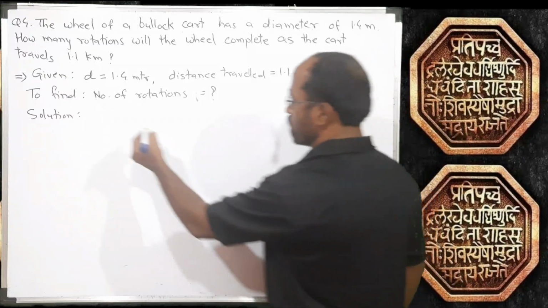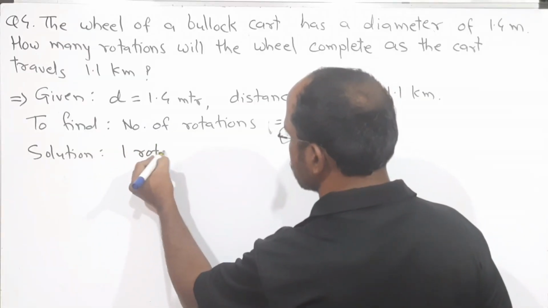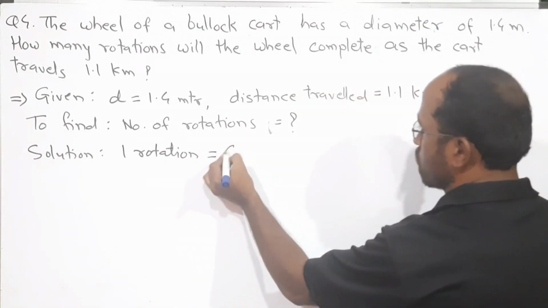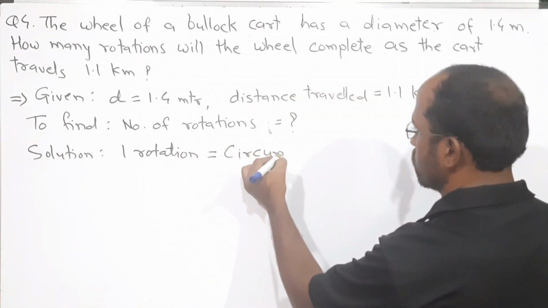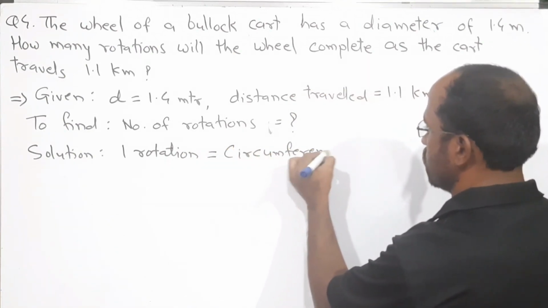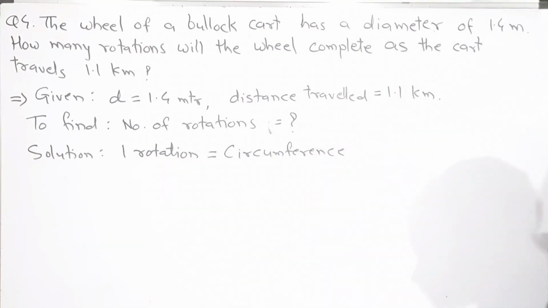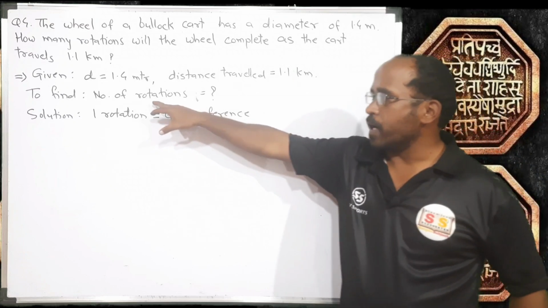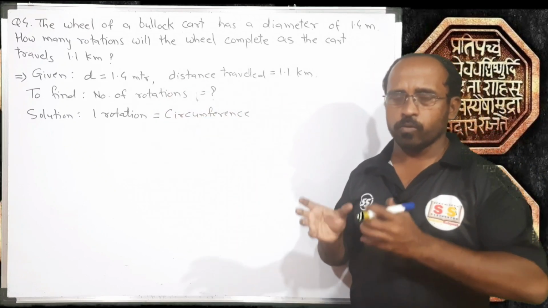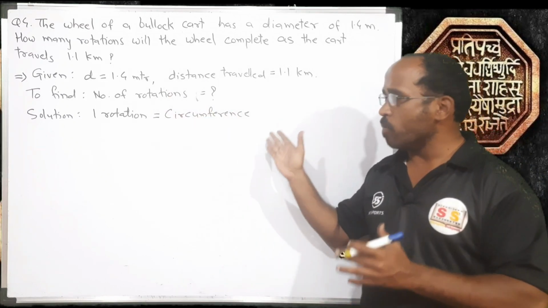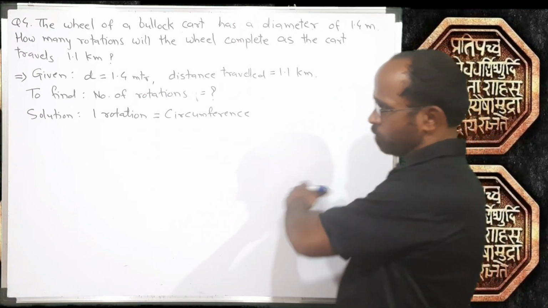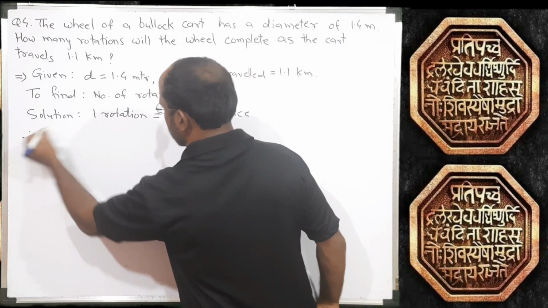So one rotation is equal to the circumference of the circle. This is the rule in mathematics. This rule we have to use in this problem. To find the number of rotations, first of all we have to find the distance completed in one rotation. So let's find it out.